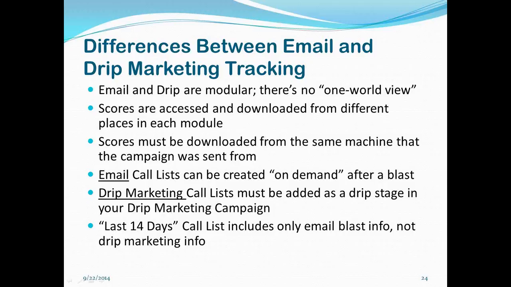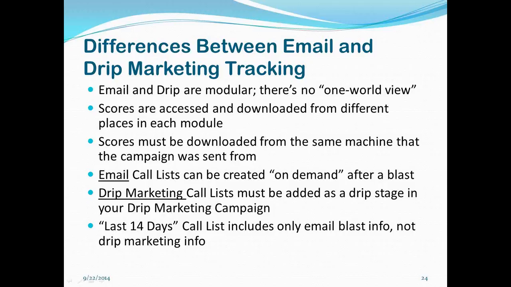So in terms of using the Drip Marketing module, email call lists can be used or can be created on demand like Todd just showed you. Drip Marketing call lists have to be added as a Drip stage, which he just showed you. Within the call list screen there is a default report called Last 14 Days.